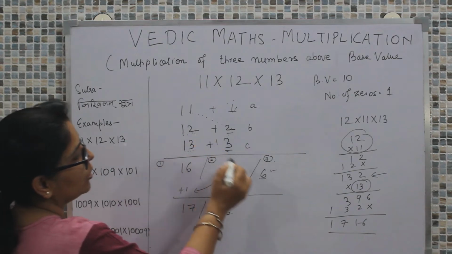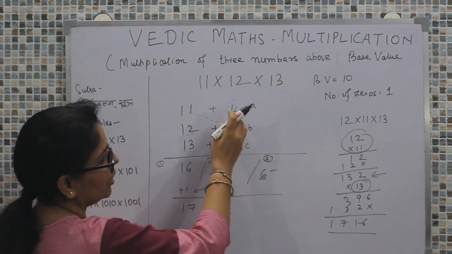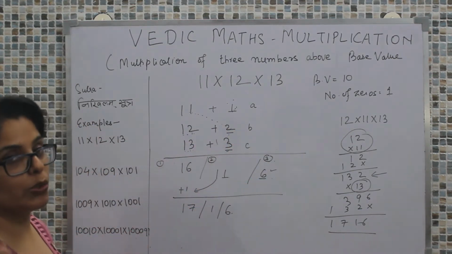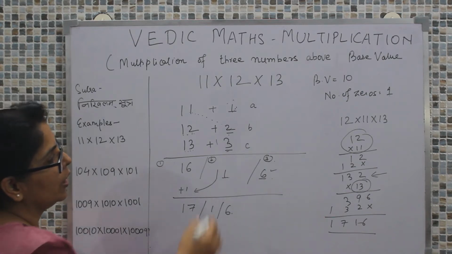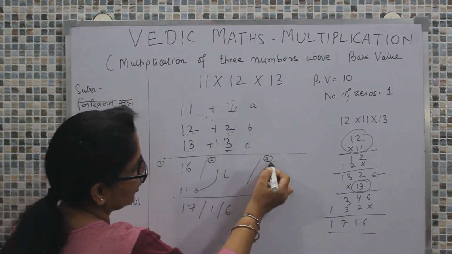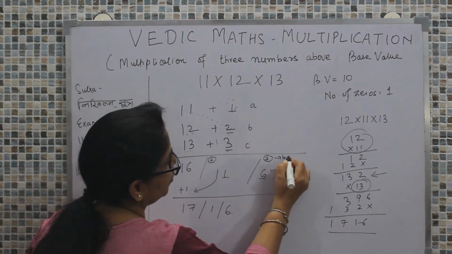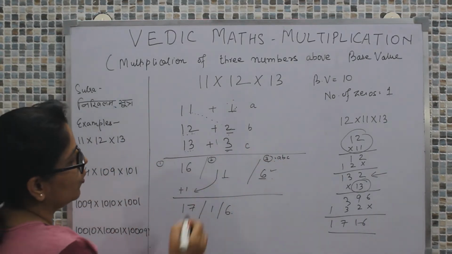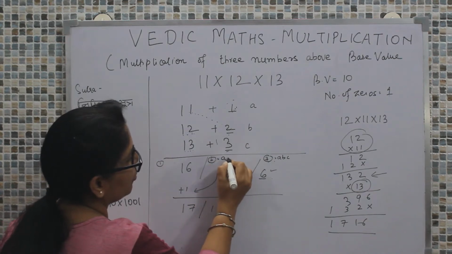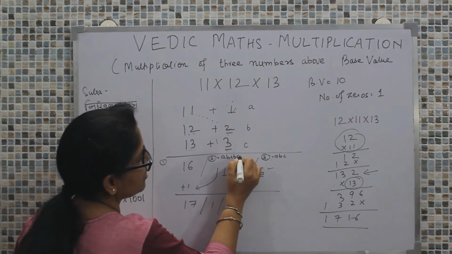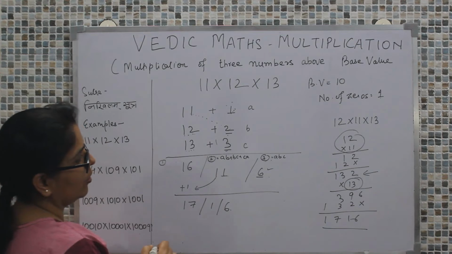But here, simply what we are doing is taking the very smaller values, the excess values, and they are being multiplied. So for calculating the third portion, we do it as A into B into C. For the second portion, we had used the formula of AB plus BC plus CA.